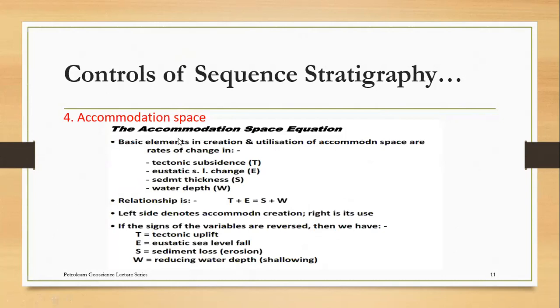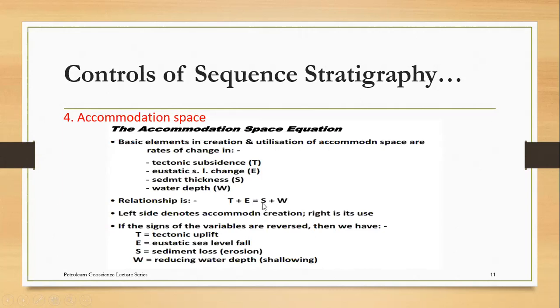Again, accommodation space. If you look at the illustration here, you see tectonic subsidence to be C, eustasy to be E, sediment supply to be S, and water depth to be W. If you look at this relationship, the left side is telling you about accommodation creation. That's tectonic subsidence plus eustasy, that's a rise in sea level, right? It's telling you something about accommodation creation.